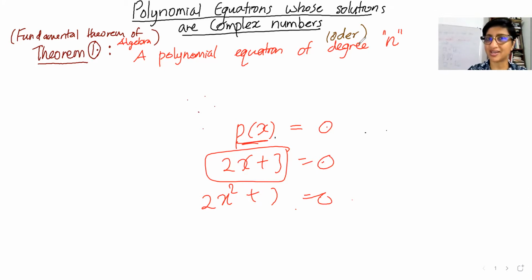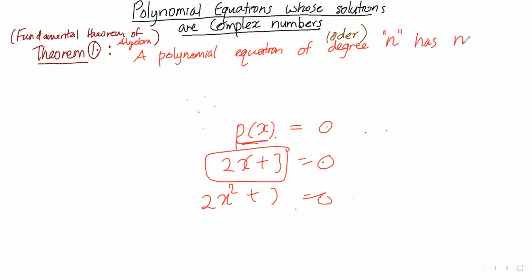If the order is 3, there must be 3 solutions. So this is the fundamental theorem of algebra: a polynomial equation of degree n has n number of roots.